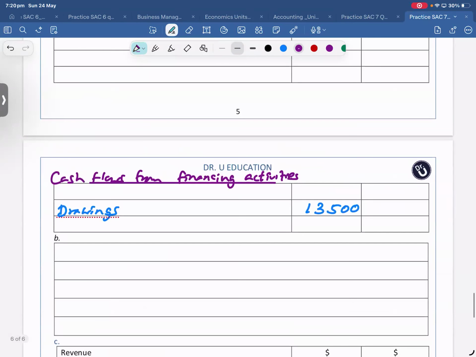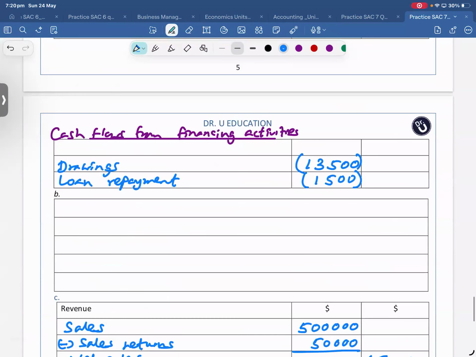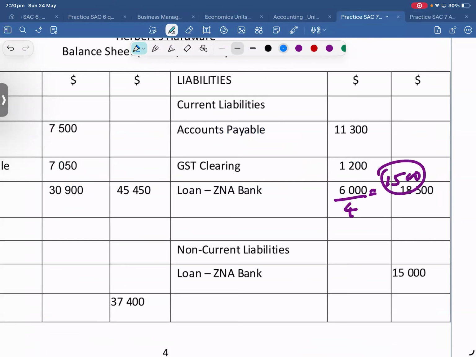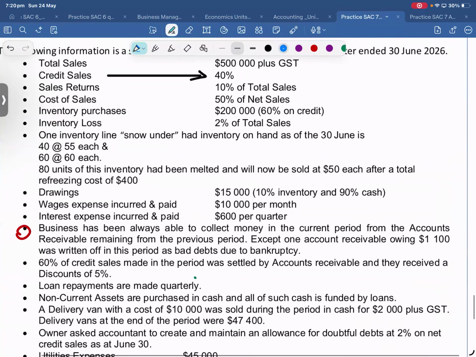So in the financing section, loan repayment, these things should be in brackets.